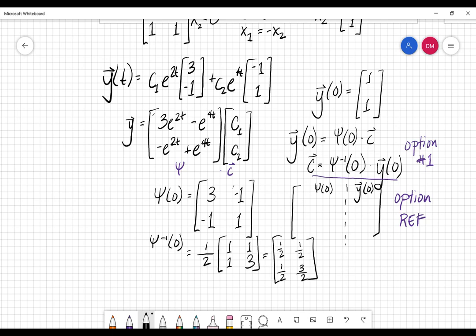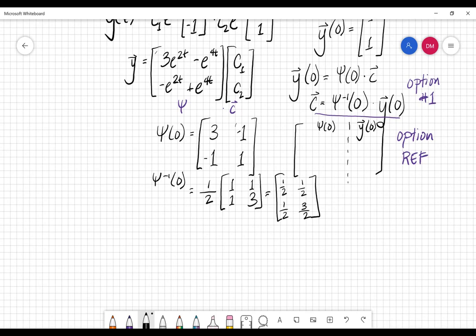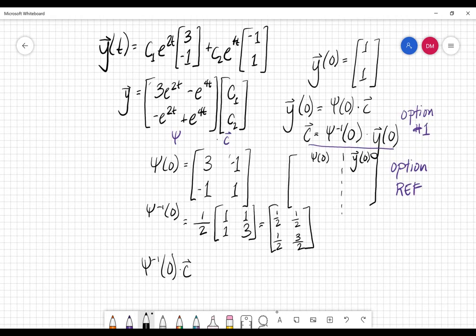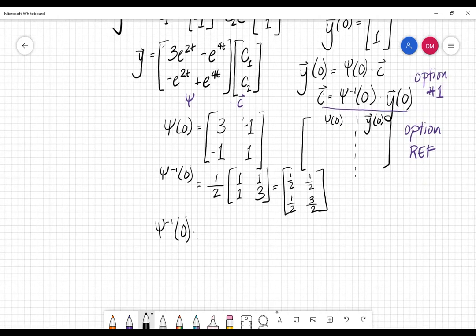Okay, so we're going to take that and multiply it by C. And the idea is that's going to give us our C1 and C2. To find C, we're going to take it and multiply it by y of 0, our initial values.